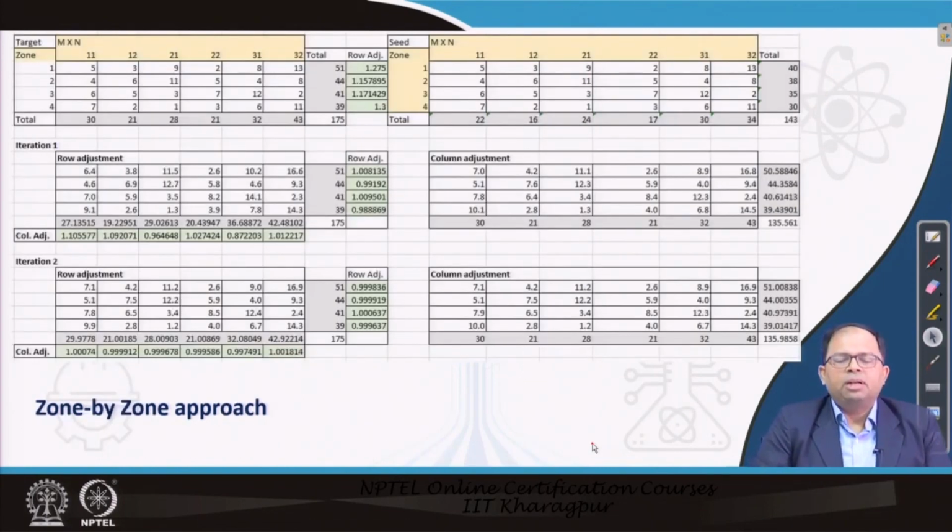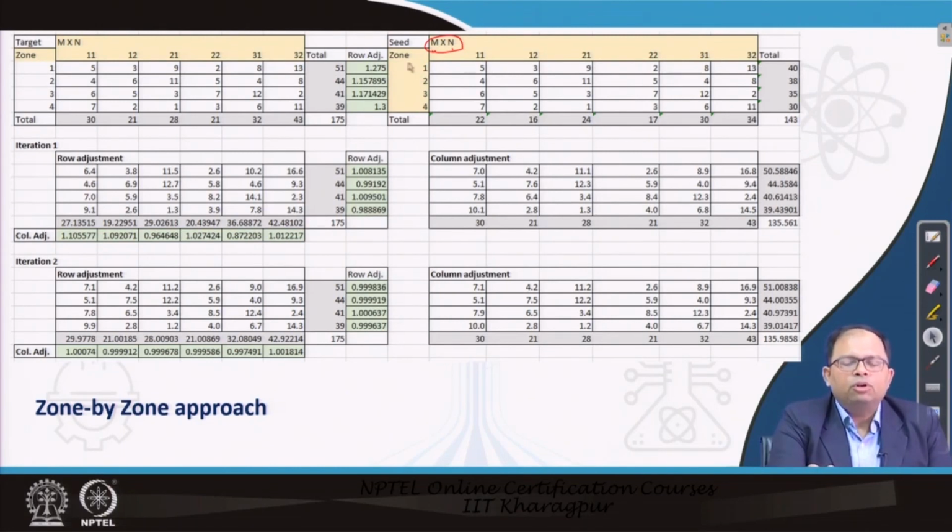So in this example you can see that we have taken a higher dimension, m into n. So we have increased the number of groups from the last example. There are three categories of m and 2 categories of n. That's why we have groups like 1 1, 1 2, then 2 1, 2 2, and 3 1, 3 2. And suppose we have 4 zones.